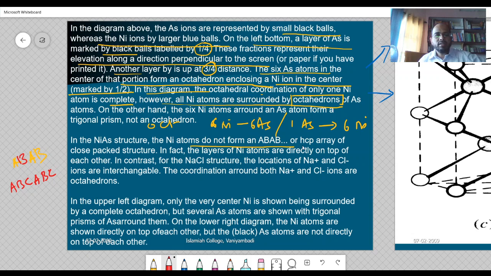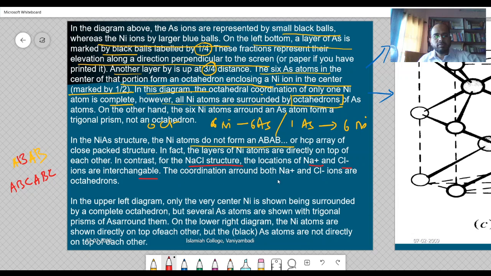So AB or CCP array of close pack structure, that is, they do not form the CCP or hexagonal close packing. The layers of nickel atoms are directly on top of each other. In contrast, for the NaCl structure, the locations of Na plus and Cl minus are interchangeable. They can change, but in this nickel arsenide structure, they cannot change. That is what is being told.